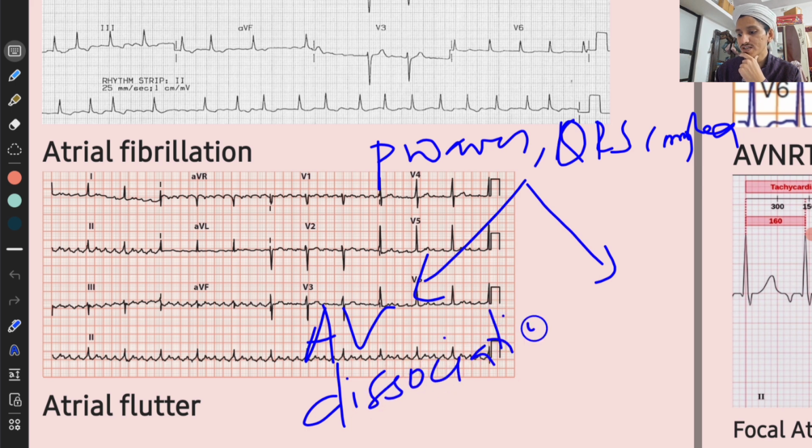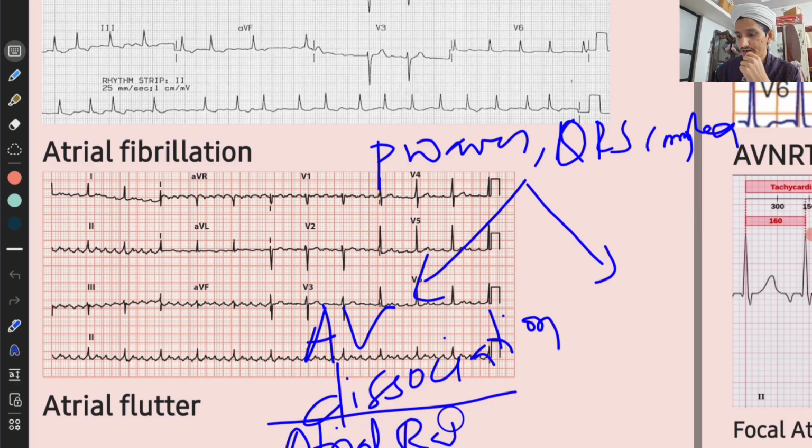In case of AV dissociation, atrial rate will be regular and ventricular rate will be regular, but different. Atria will have a different rate and ventricles will have a different rate. So that is AV dissociation.